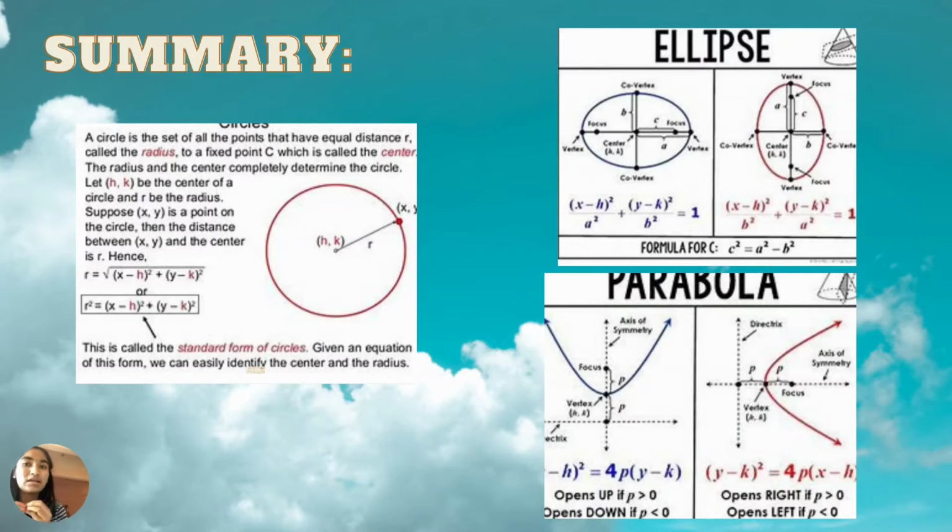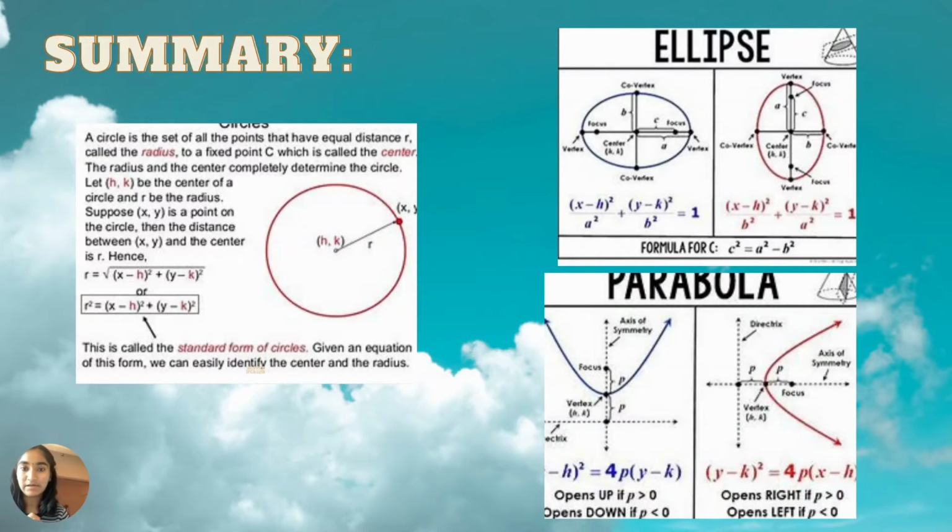So we will see what is a circle. A circle is a set of all the points that have equal distance, called the radius, to a fixed point, which is called the center. The center will have coordinates of h and k, and a point on the circle will have coordinates of x and y, and the line connecting those two points is known as the radius.